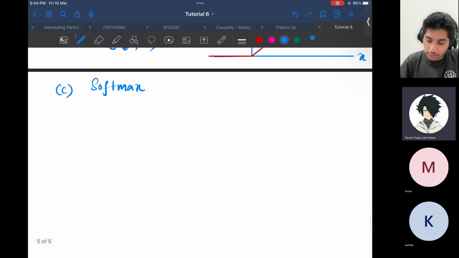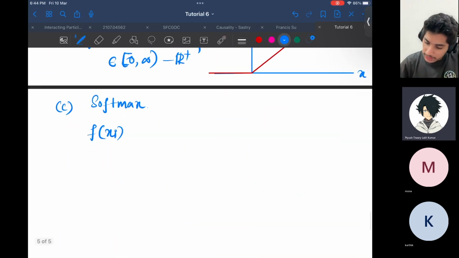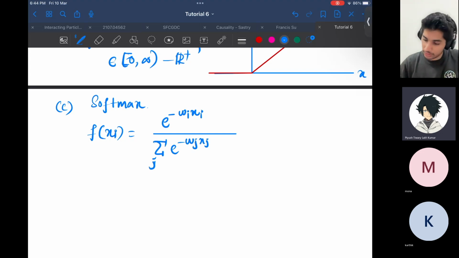The softmax function says that the output of a particular neuron in this output layer will be e raised to minus w_i x_i upon the summation over j of e raised to minus w_j x_j. Something like this. This is what the softmax function is.